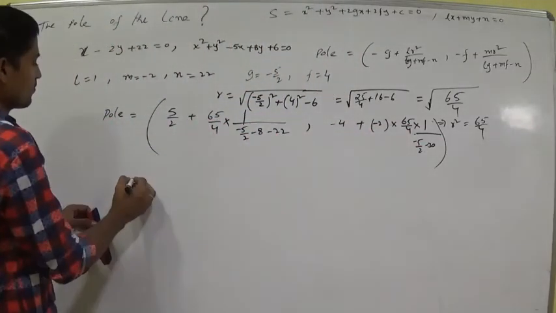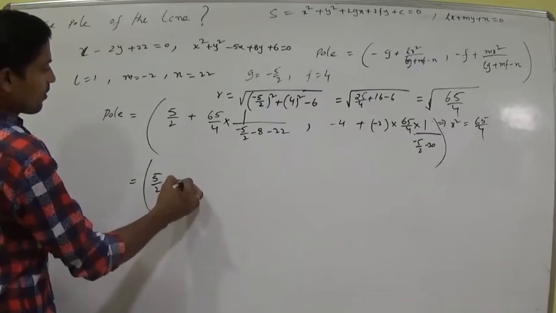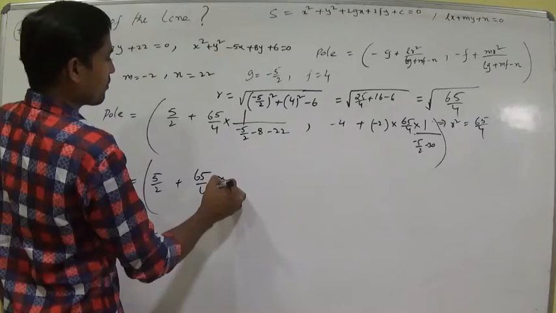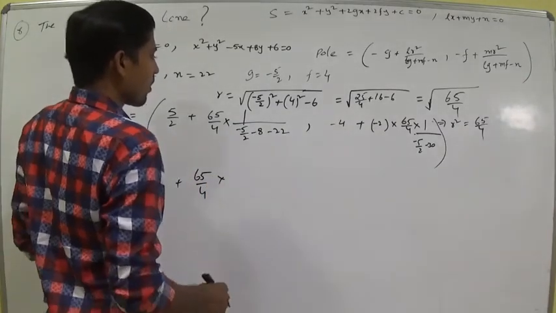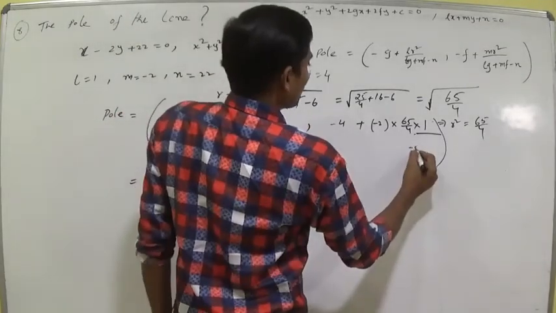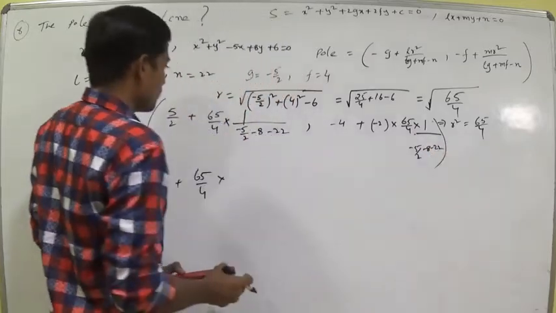So 5 by 2 plus 65 by 4 into 1 by, let us write here in full, minus 5 by 2 minus 8 minus 22.